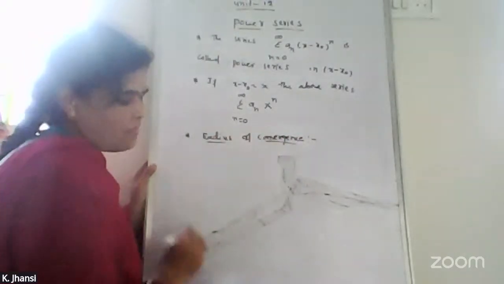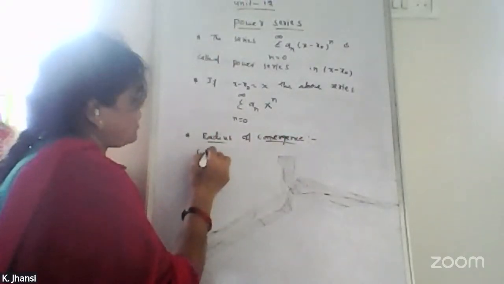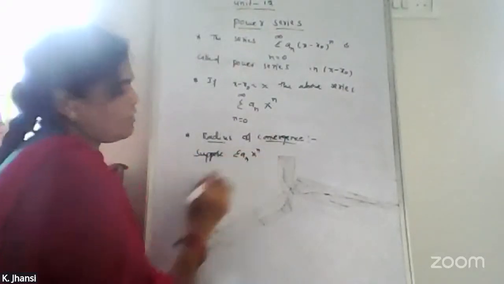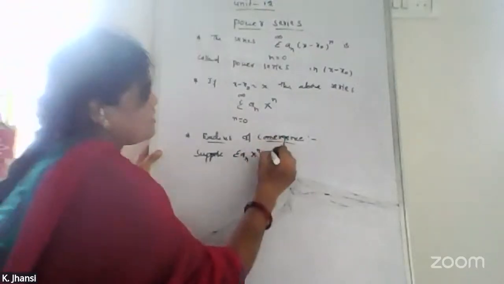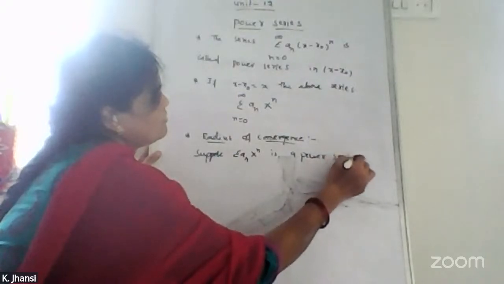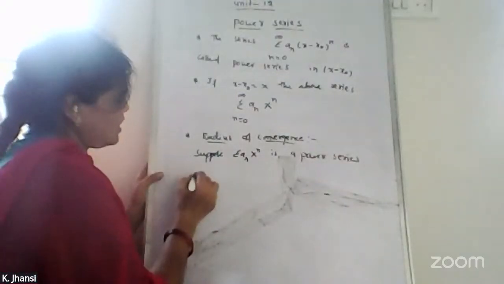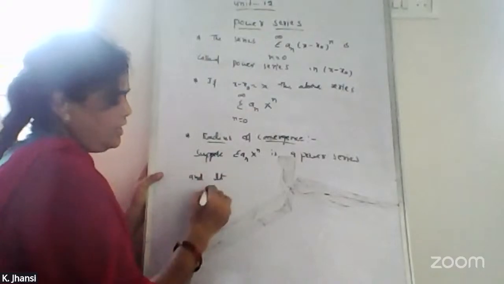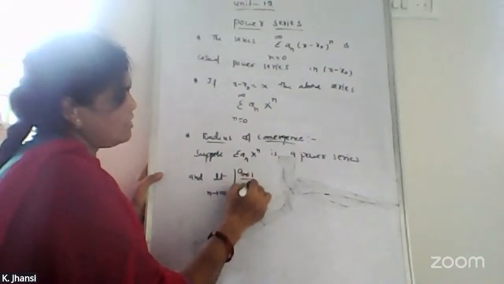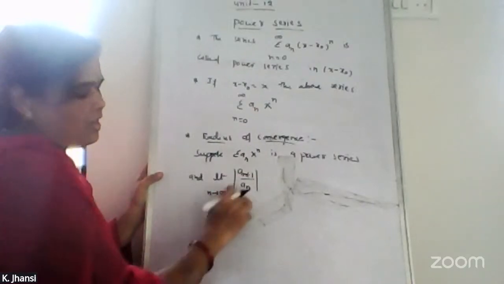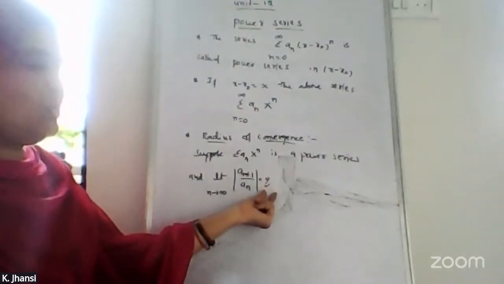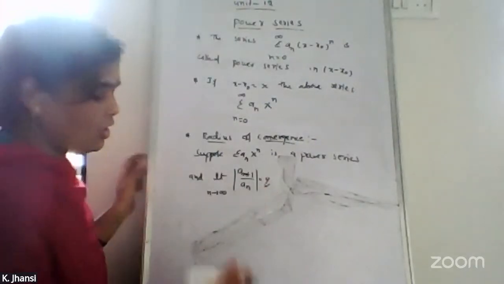So radius of convergence means suppose if we have an x to the power of n given as a series, a power series, and limit n tends to infinity mod of an plus 1 by an. When you do like this, if you get the answer as some finite non-zero number, that value we will take as q.